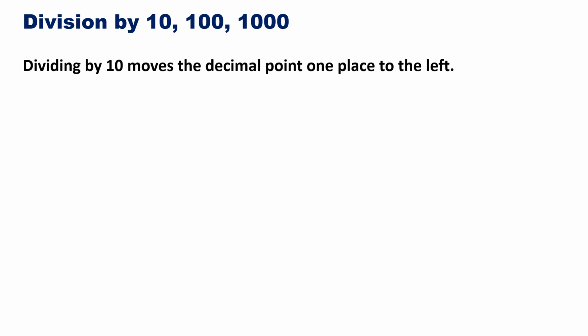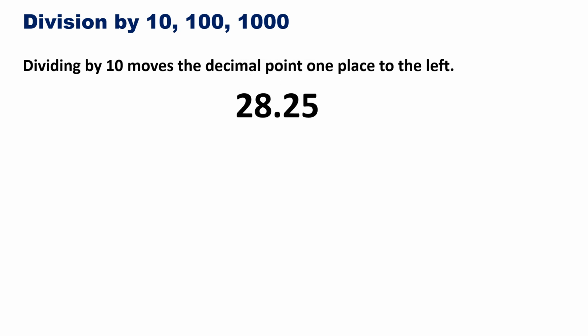Now we'll do the division by 10, 100 and 1000. If we divide any number by 10, the decimal point will move 1 place to the left. If we do the multiplication, the decimal point will move 1 place to the right. But in division, it will go to the left.